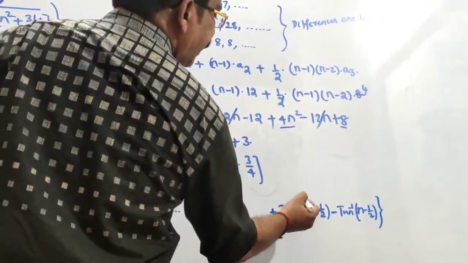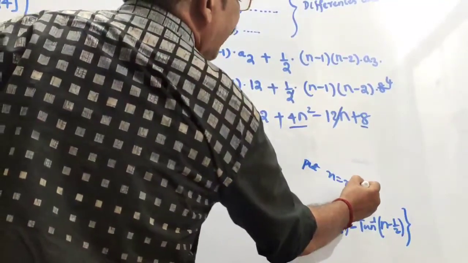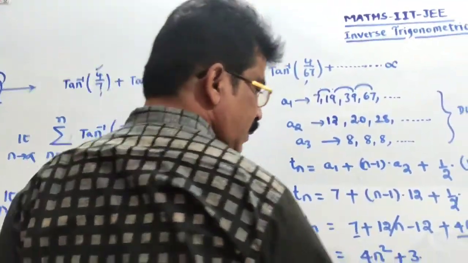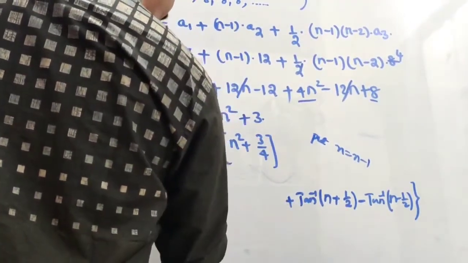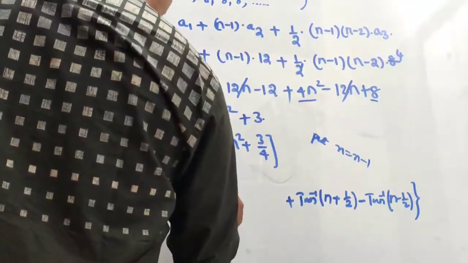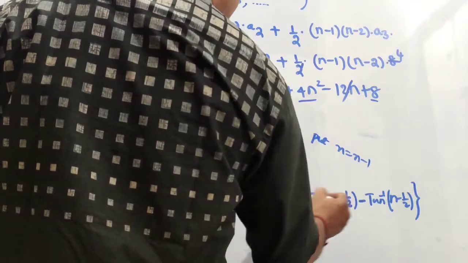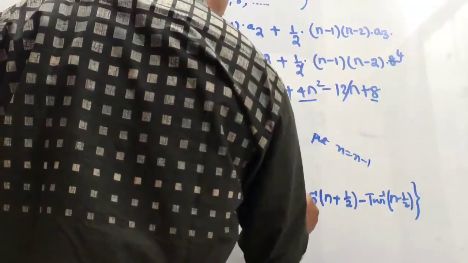Put n equal to n minus 1 for obtaining the preceding term. So plus tan inverse of n minus 1 by 2 minus tan inverse of n minus 3 by 2, just like that.